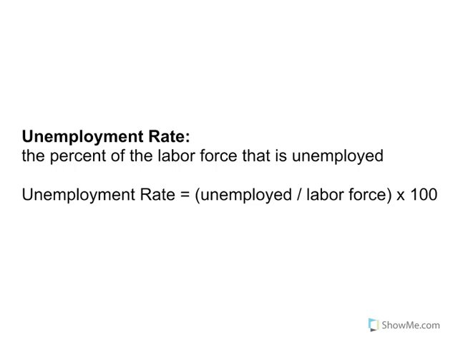Now, in order to get the unemployment rate, which is the percent of the labor force that is unemployed, and we'll define labor force in just a second, we take our number of unemployed people, say 50 people, divided by our labor force, say 100 people, and then multiply that result times 100.